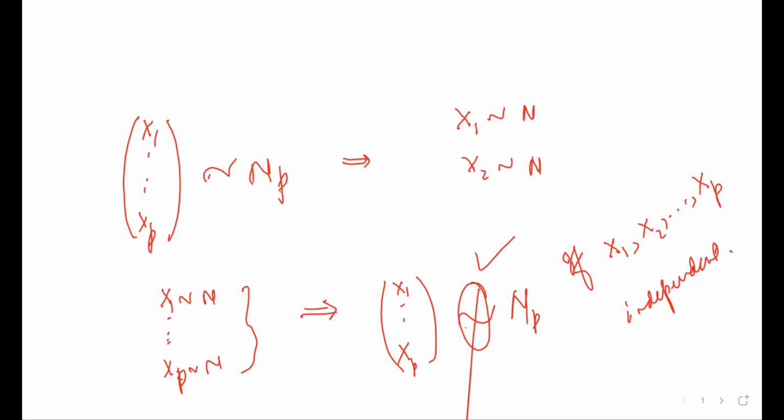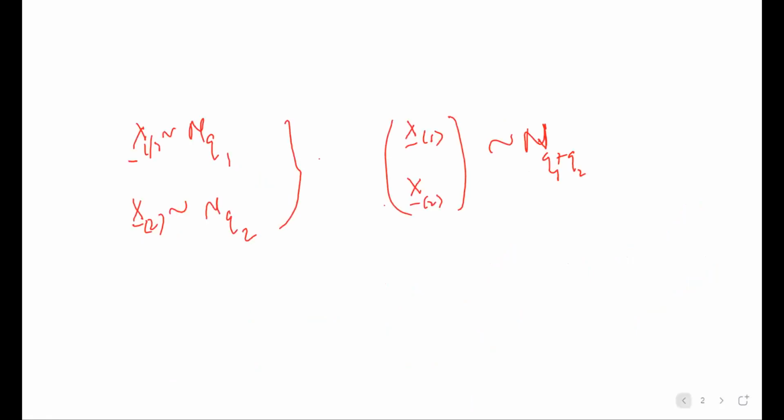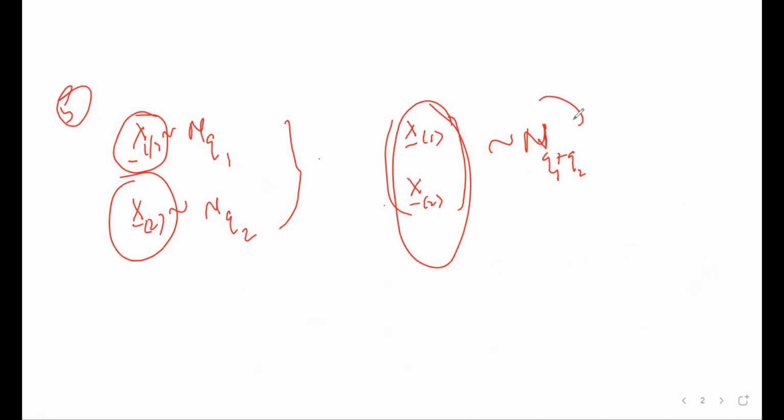That same thing comes here in property 5. If these two are independent, then by putting them together, we can create another multivariate normal vector, right?